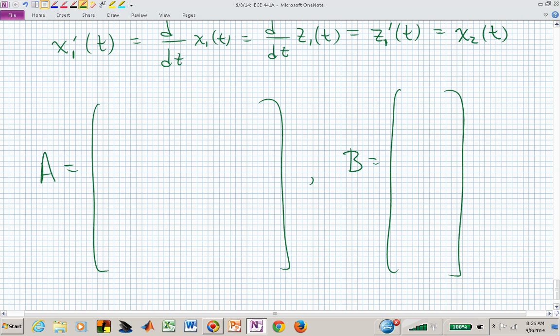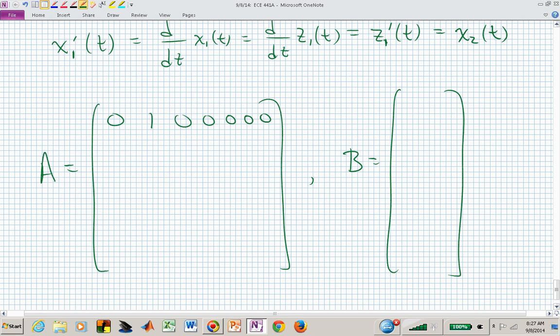When we multiply the top row by the state vector, we need to pick off the second entry, which we can do by just putting a 1 right there, and now we have to count to 7, right? There's 1, 2, 3, 4, 5, 6, 7. That's our top row.